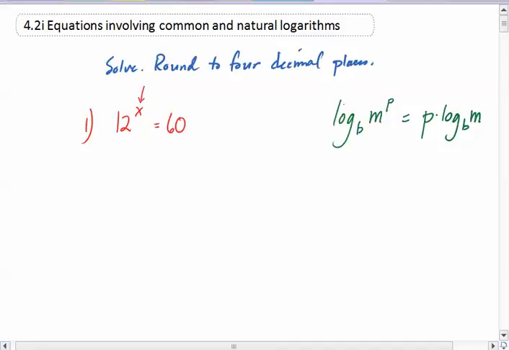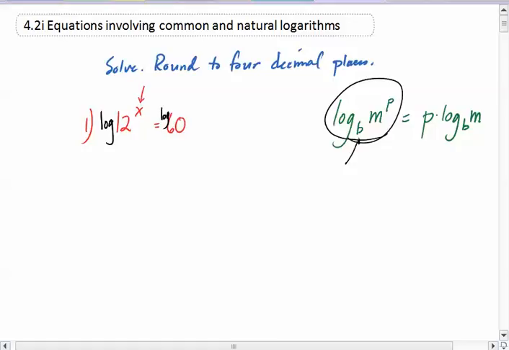What I'm going to do is actually take the log of both sides. So I'm slipping in a little bitty word log in front of both sides of the equation. Now if you notice, what I have now is this setup right here on the left side. Of course the base is a common log, and the base is 10.